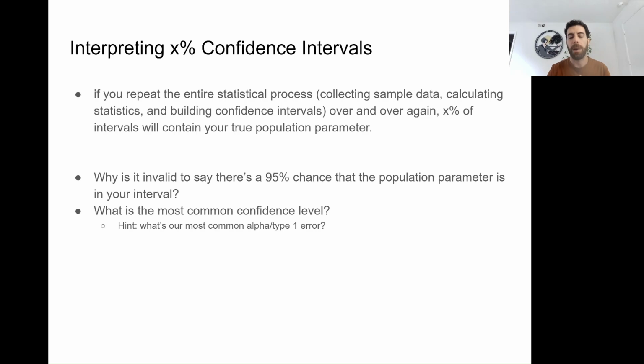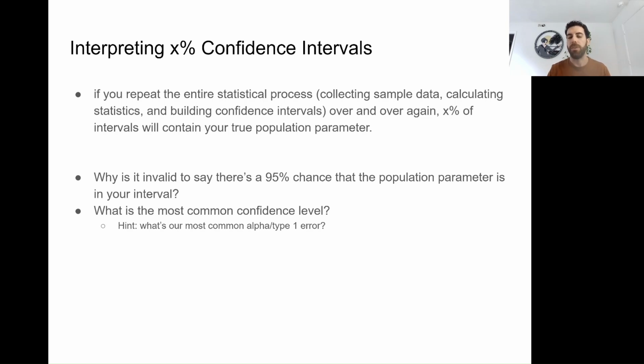So a more specific way to say what they're trying to get at would be: if you repeat the entire statistical process over and over again, meaning you collect your data, you calculate your statistics, you do the math to build your confidence interval, if you do that repeatedly, 95% of your intervals will contain the true population parameter.